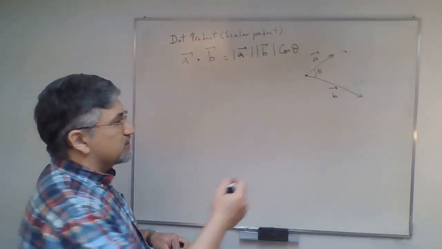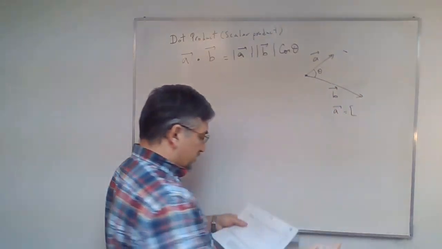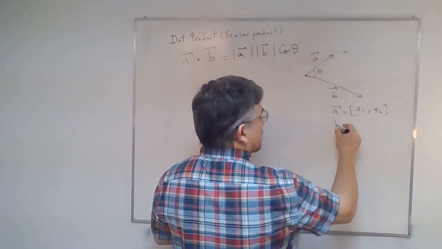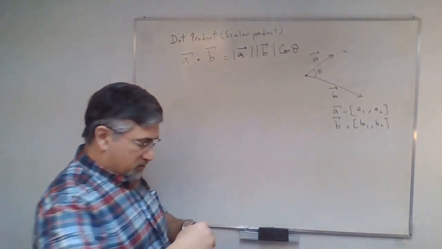Now, sometimes the vectors are given in Cartesian form. Let's say A1, A2 and B1, B2.